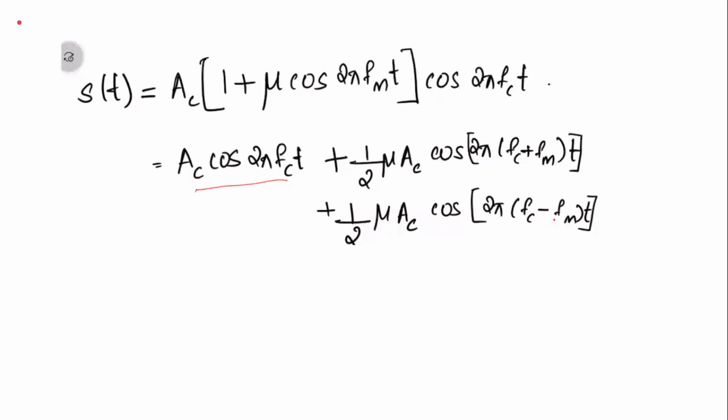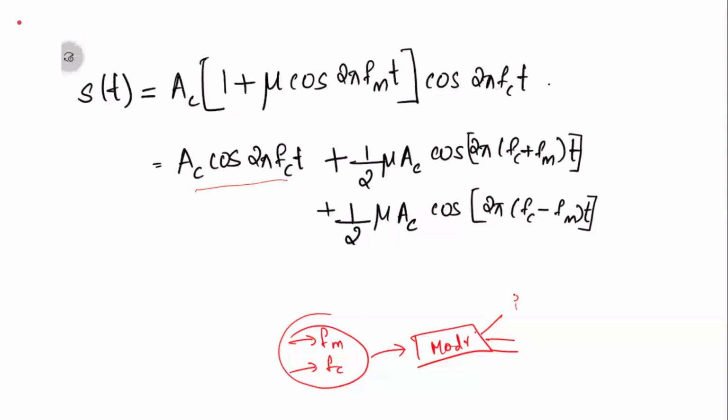So basically to the modulator we are giving only two frequencies, FM and FC. And what are the outputs coming? You are having an FC component, AC cos 2 pi FCt, and FC plus FM and FC minus FM.